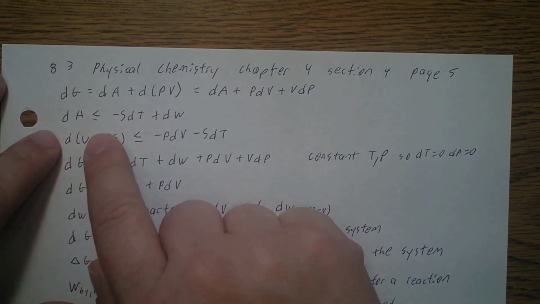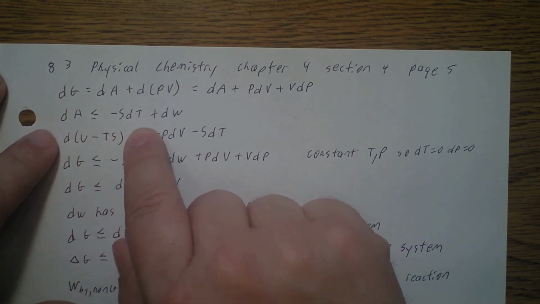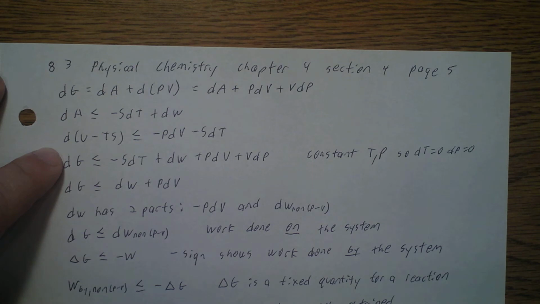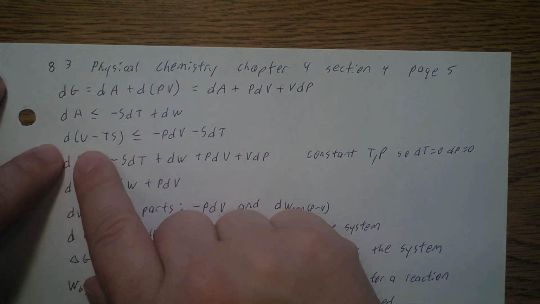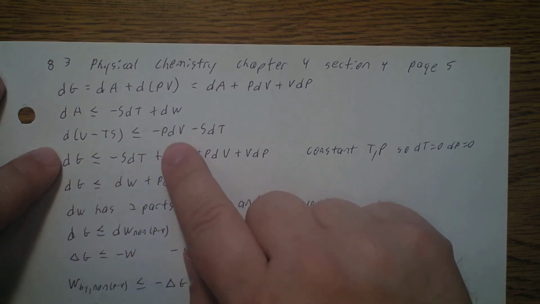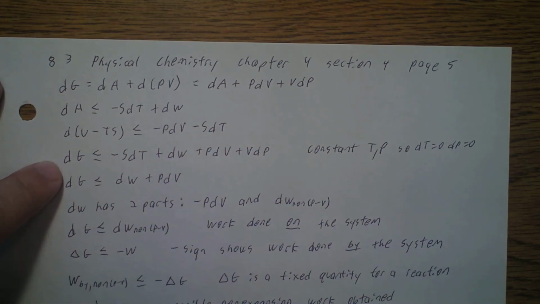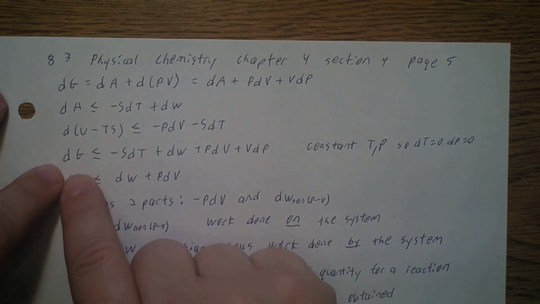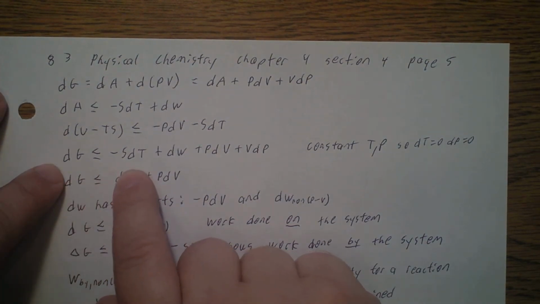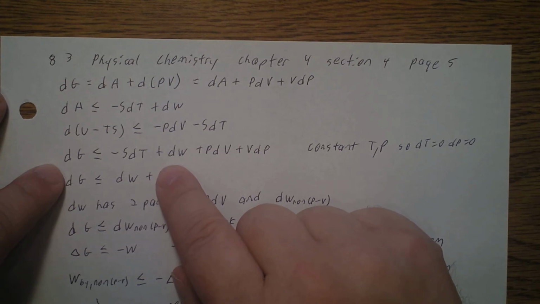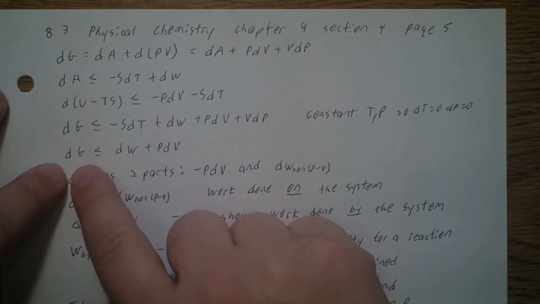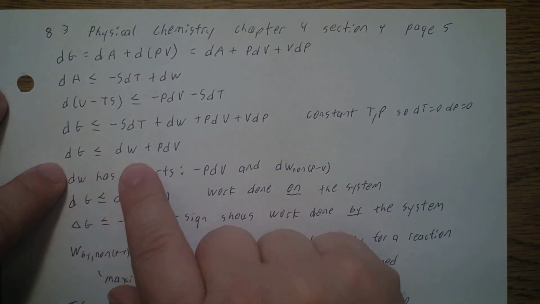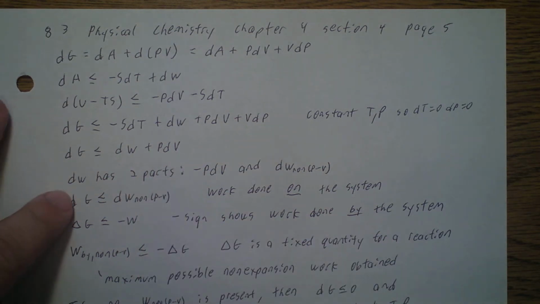So dA is less than or equal to minus SdT plus dW. So we have the differential of U minus TS is less than or equal to minus PdV minus SdT. So now we have dG is less than or equal to minus SdT plus dW plus PdV plus VdP. And so dG is less than or equal to dW plus PdV.